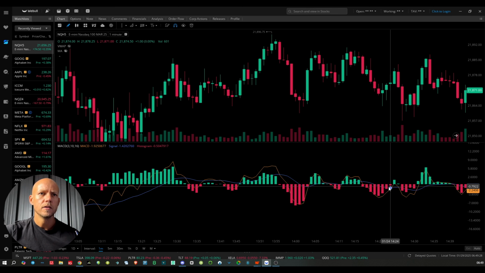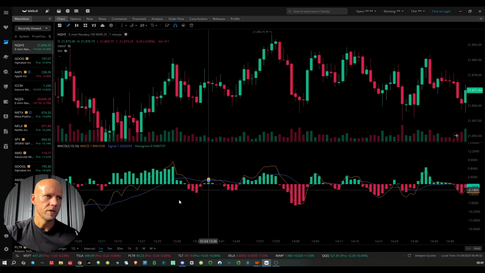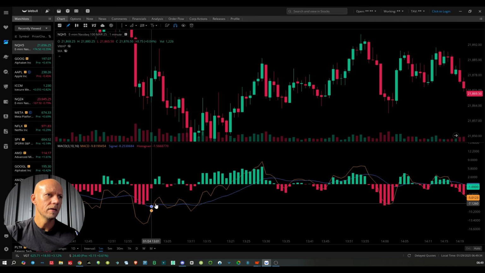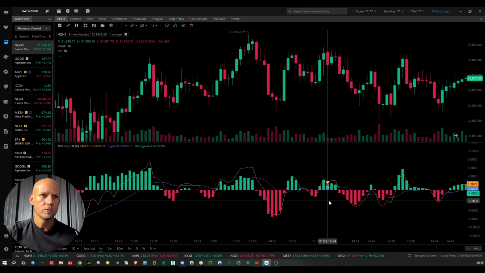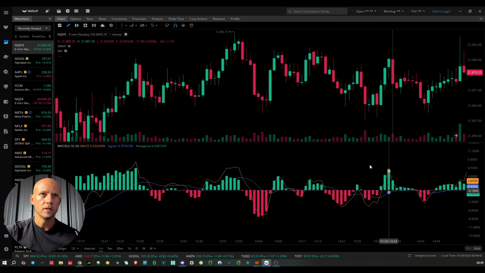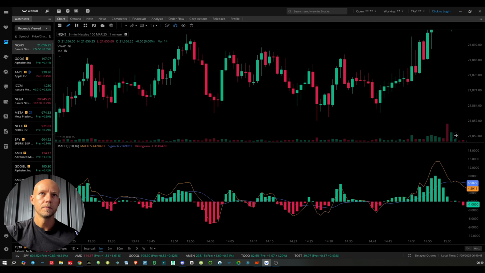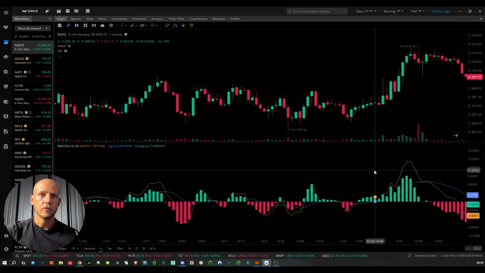We need something a bit more going away from the 0 line. That's a better momentum trade you're going to take. These ones moving so close to the 0 line is probably going to be a sideways market like this. Probably not going to make money. Waiting for something more clear.